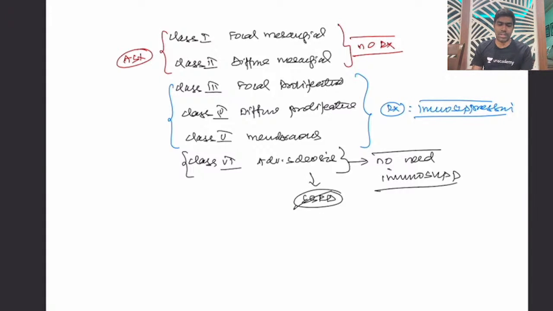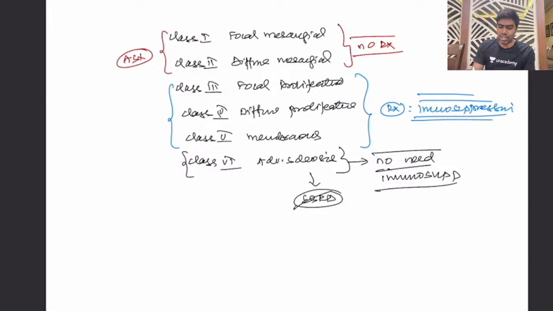These patients are presenting with end-stage renal disease and manifestations like uremia. Why the hell would I need immunosuppression for these people? So I'm not going to go for any sort of immunosuppression. For class 3, class 4 and class 5, definitely I'm going to require immunosuppression. What sort of immunosuppression is the question?